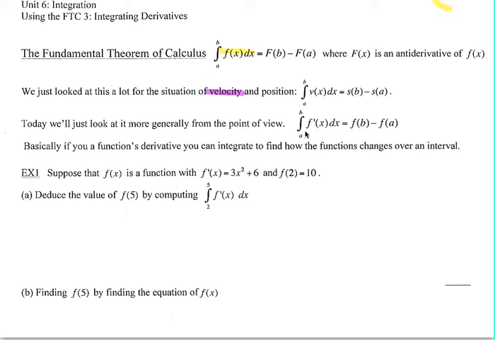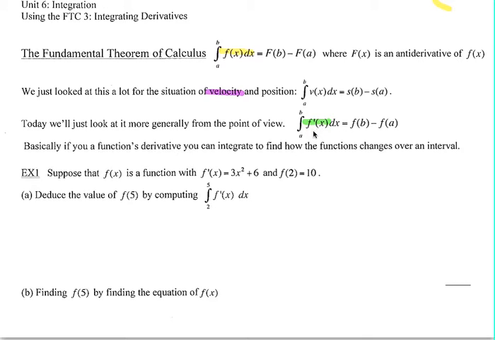So we've just taken the fundamental theorem of calculus and written it with different vocabulary. We're looking at this function f of x, and if we want to find the integral from a to b of the derivative function, we look at the parent function.